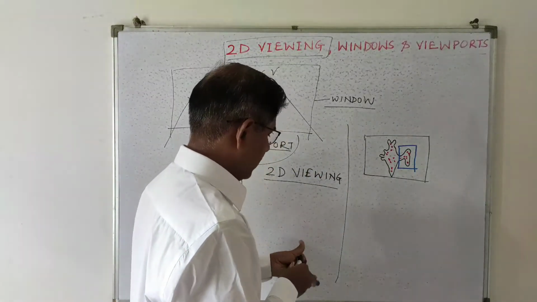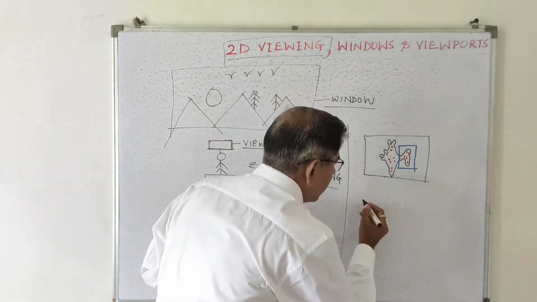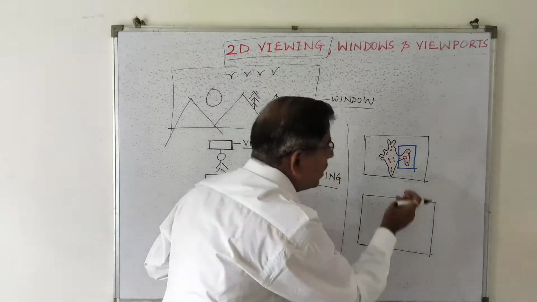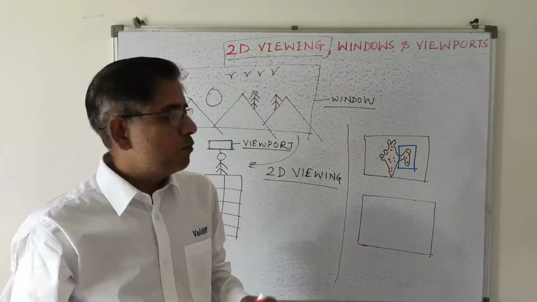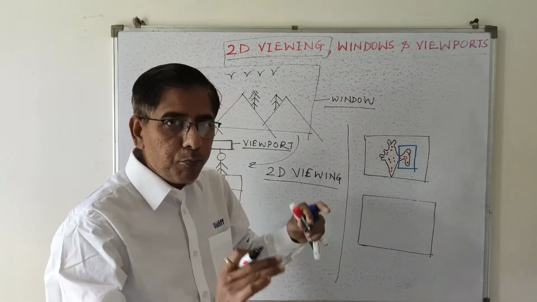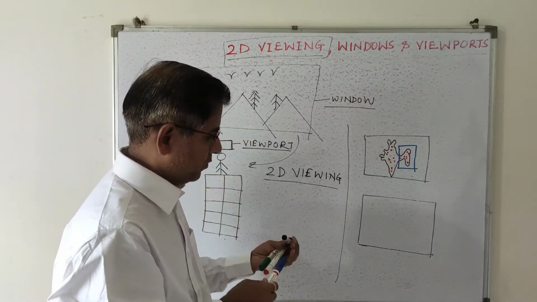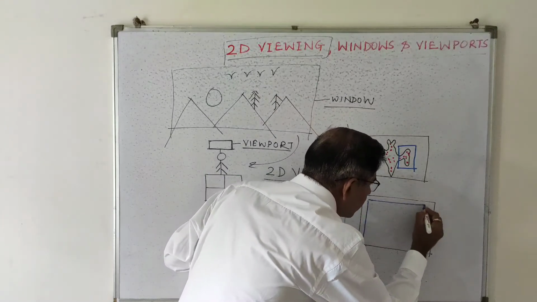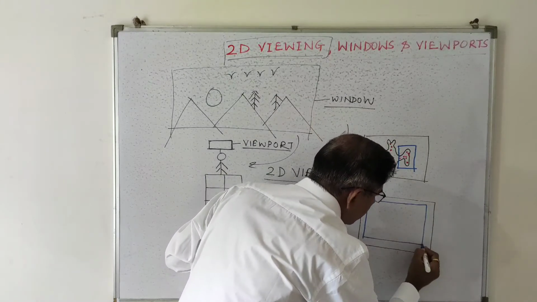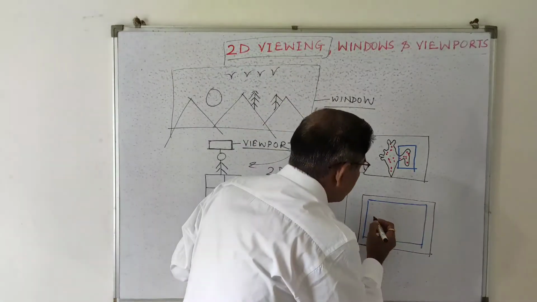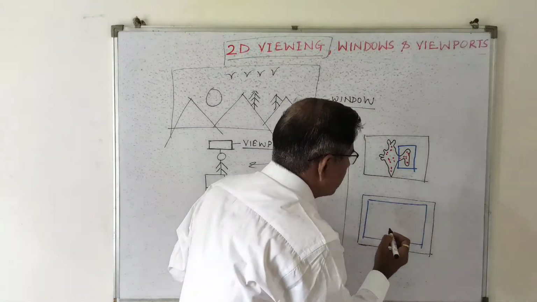In another window, you will zoom this northeast portion of India in a bigger screen. So this would look something like this.